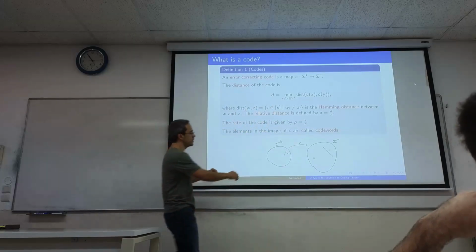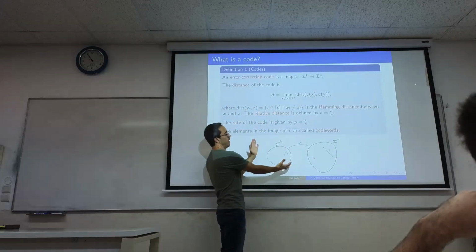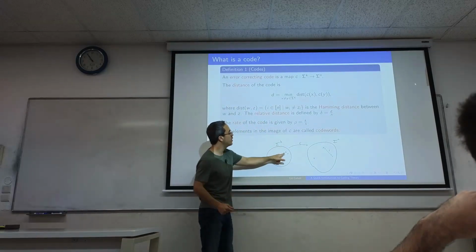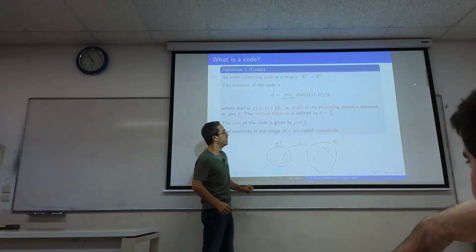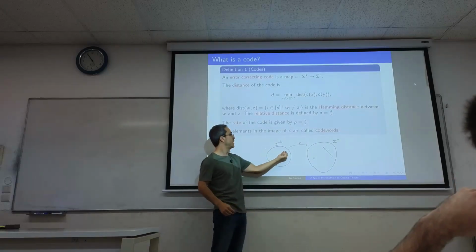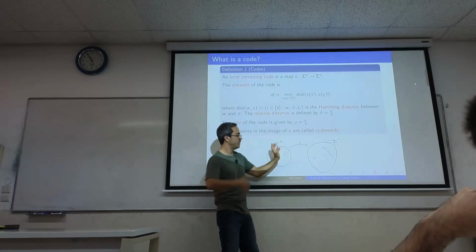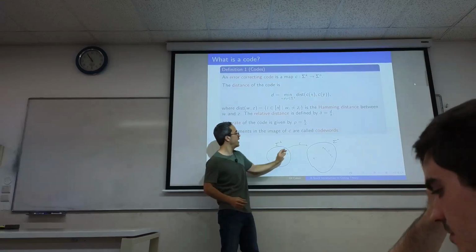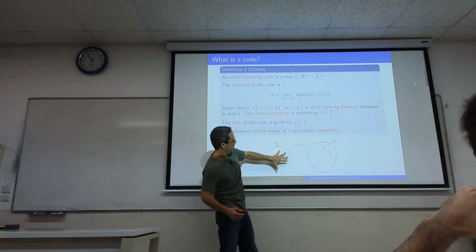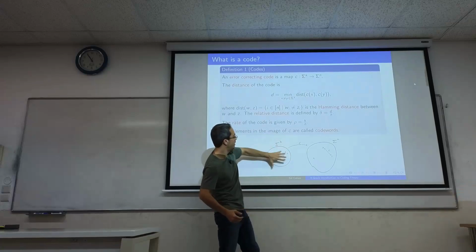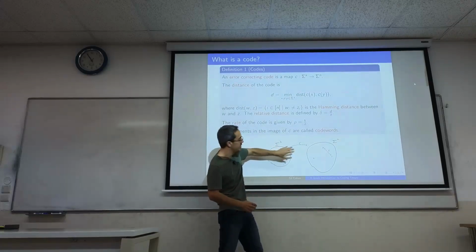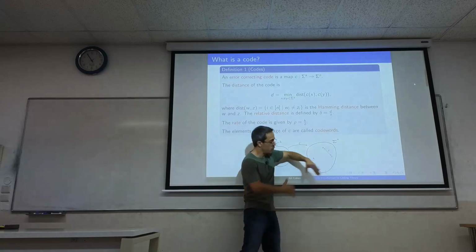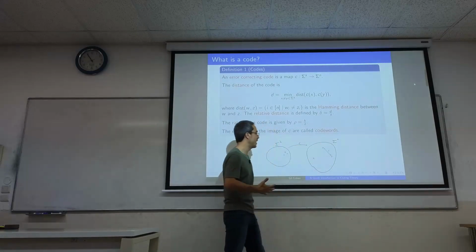So the picture is as follows. This is sigma to the k. That's the domain. We are going to think of every element here as a message. I'll say why in a second. So you want to take a length k message and do something with it. What this code does is hopefully embed these sigma to the k size of messages into a larger world, sigma to the n in size.